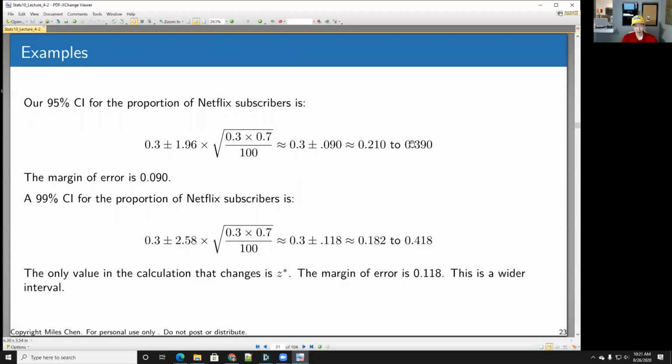With the 95% confidence interval, we're confident that it's basically 30% with a margin of error of 9%. So that takes us from 21 to 39%. And the 99% confidence interval is 30% with a margin of error of around, let's say, 12%. And so that goes from 18 to 42%, okay?